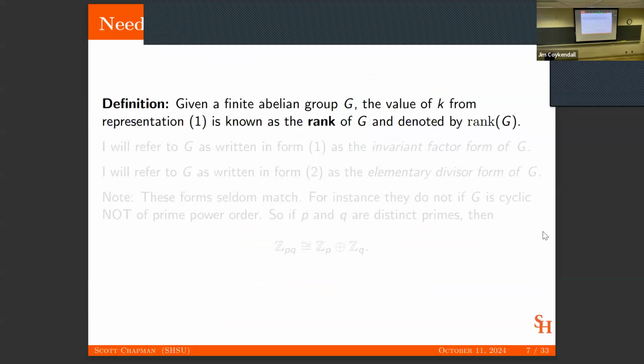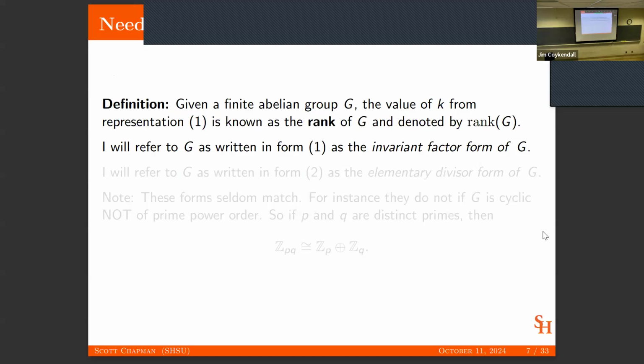Okay. Now, some definitions. Given a finite abelian group G, the value of k from the invariant factor representation is known as the rank of the group. So a cyclic group is always of what? Rank 1. Okay.